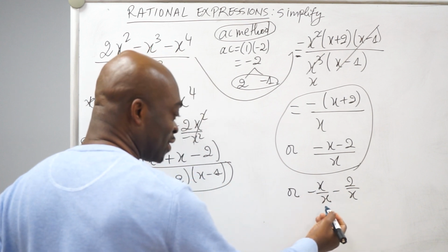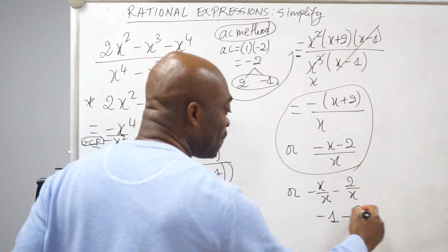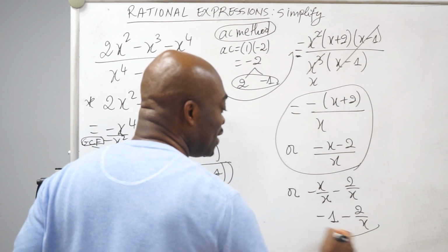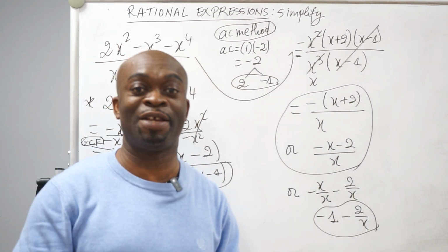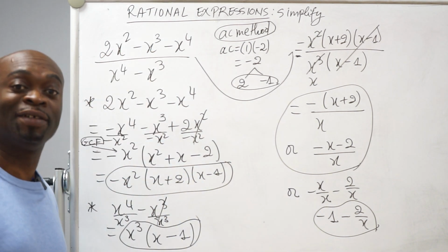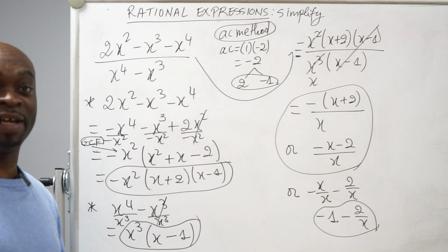The x crosses out, so you end up with negative 1 minus 2 over x. So this is also another answer for the same problem. You see how math is so lovely? I know that you guys are loving it right now.